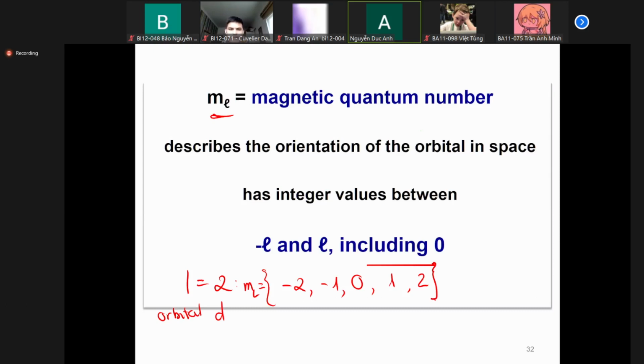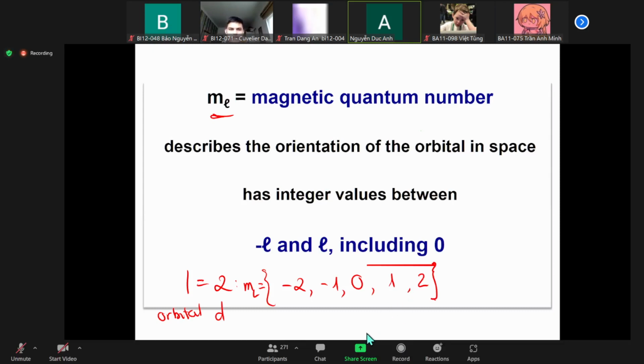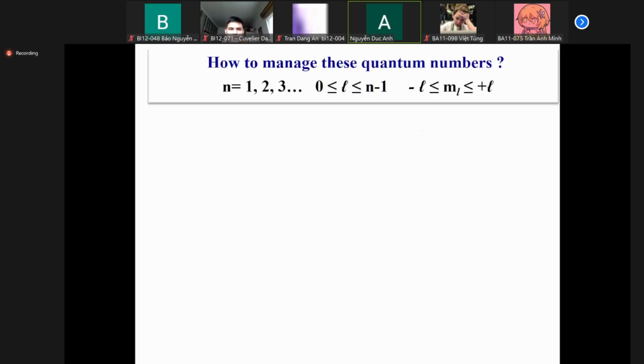From the set of quantum numbers, now you will have something like this. With n equal to 1, the first energy state closest to the nucleus, you have only one possibility: L is 0.